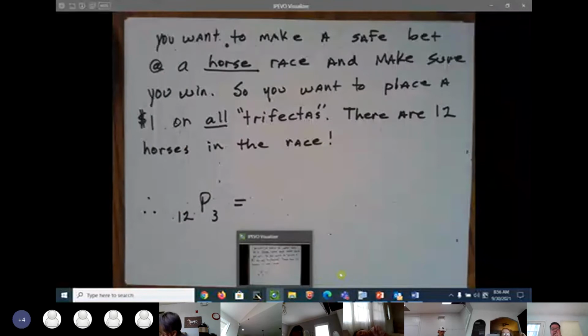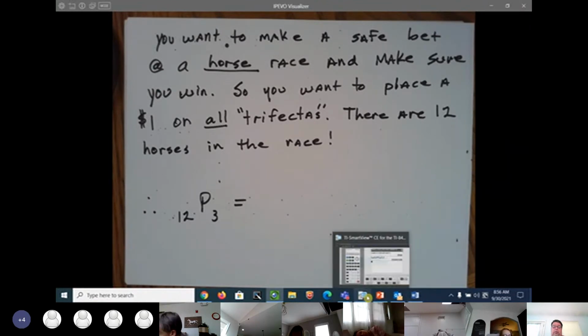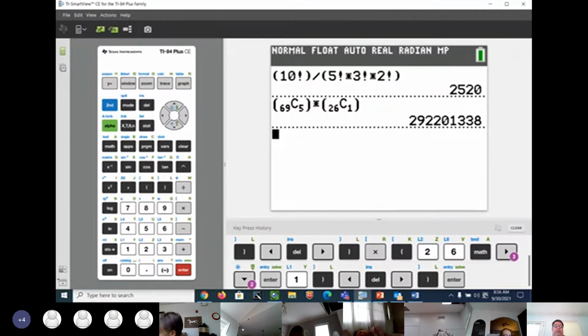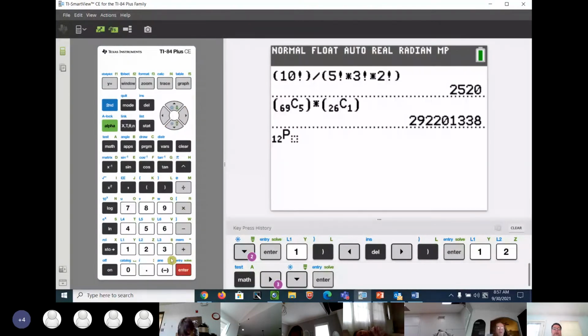So I'm going to take my handy dandy calculator and I'm going to go with 12 permutation 3. That's going to be 12, math, probability, permutation 3, and I've got to place 1,320 bets.